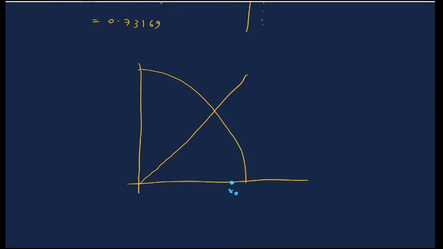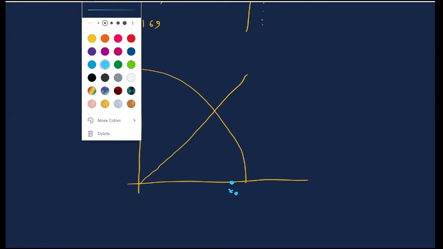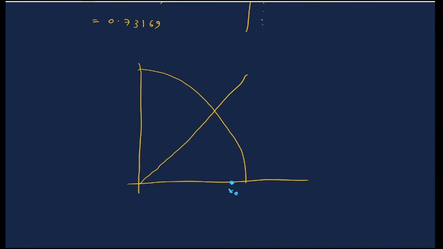We put this value into the function, and the output of the function was our x1. And how did we get to that point? We got to that point by putting x0 into the function, so this is the point that is g of x0. G of x0 is our x1.